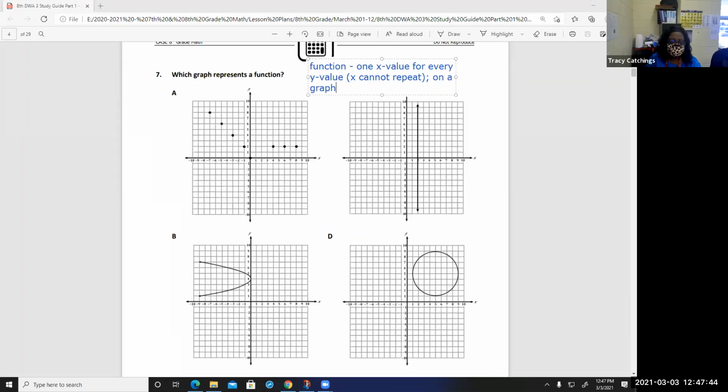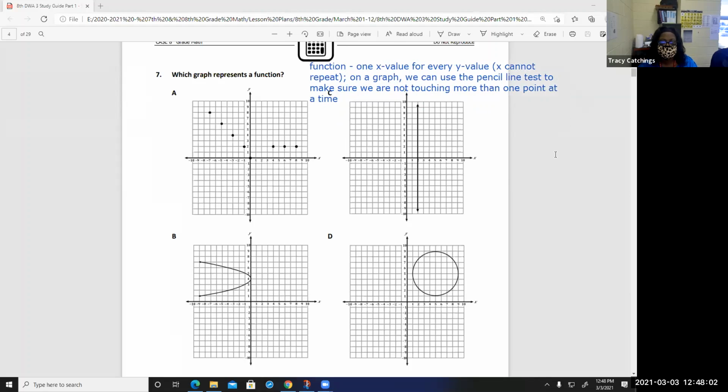On a graph, we can use what's called the pencil line test to make sure we are not touching more than one point at a time. So a function will have one x value for every y value, or the x cannot repeat.